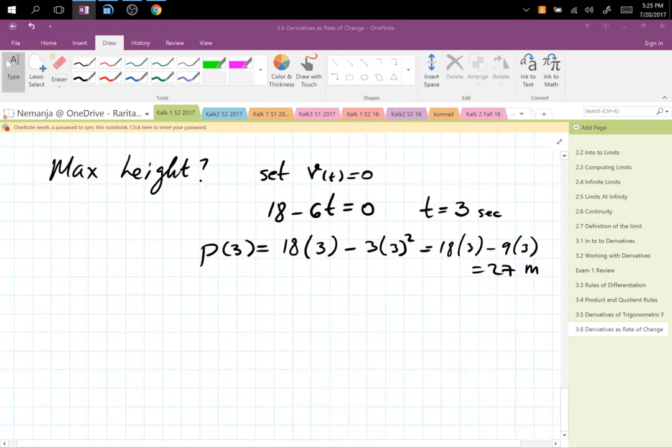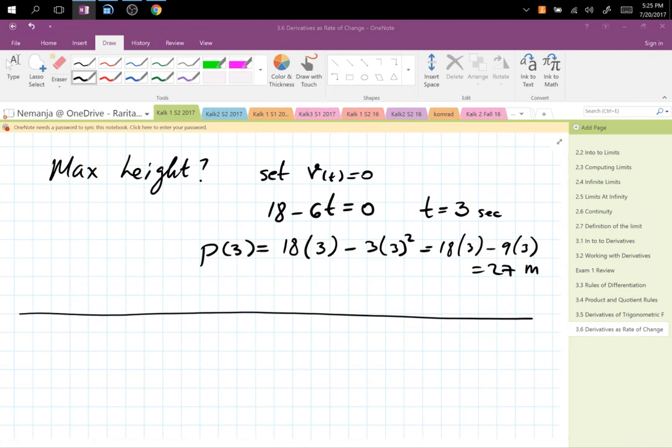Now I would like to discuss the difference between average velocity and instantaneous velocity, because those are two different creatures, and you need to be able to distinguish between the two.